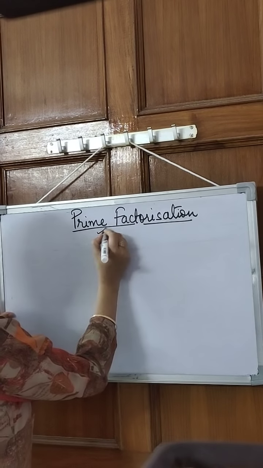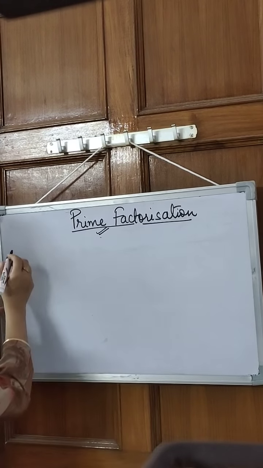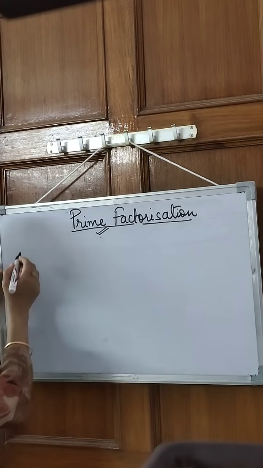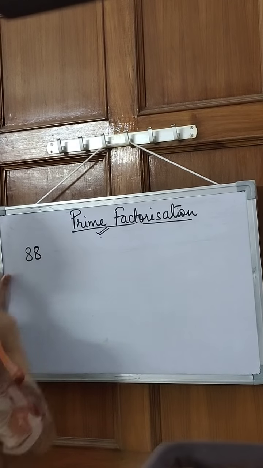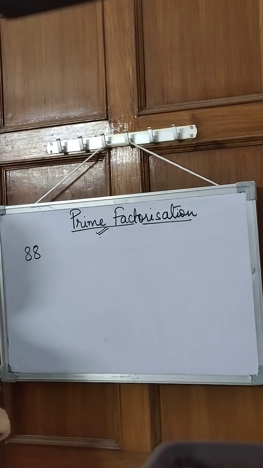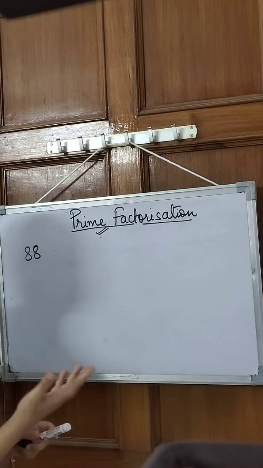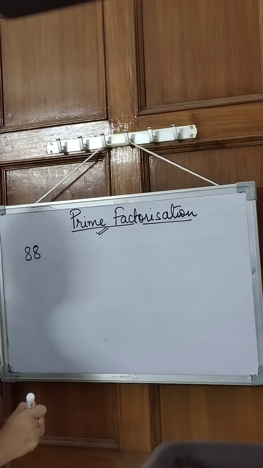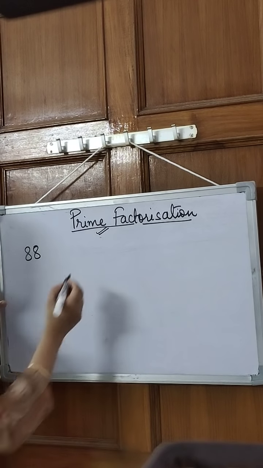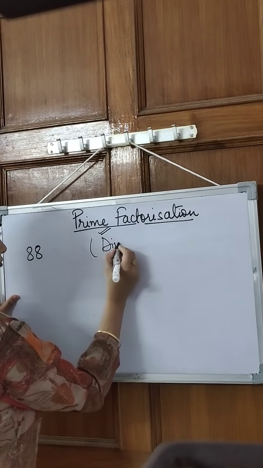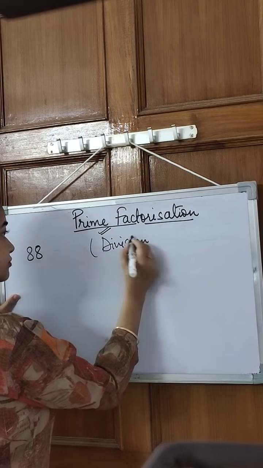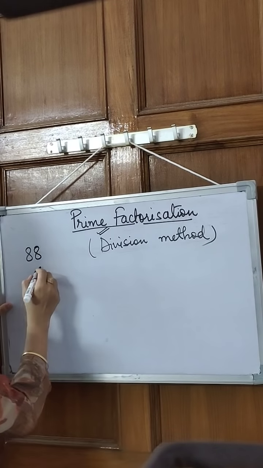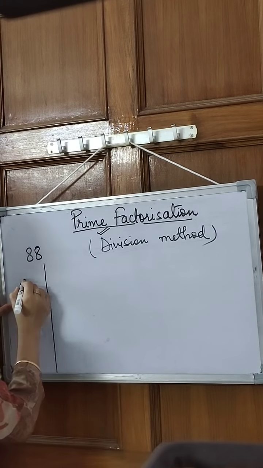So here I am going to find prime factors. When I use my division method, let's take a question. Let's take the number 88. If I want to represent 88 as the product of prime factors, or prime factorize this number 88, then I can use the division method. Division method means I am going to divide this number one by one by prime numbers only.